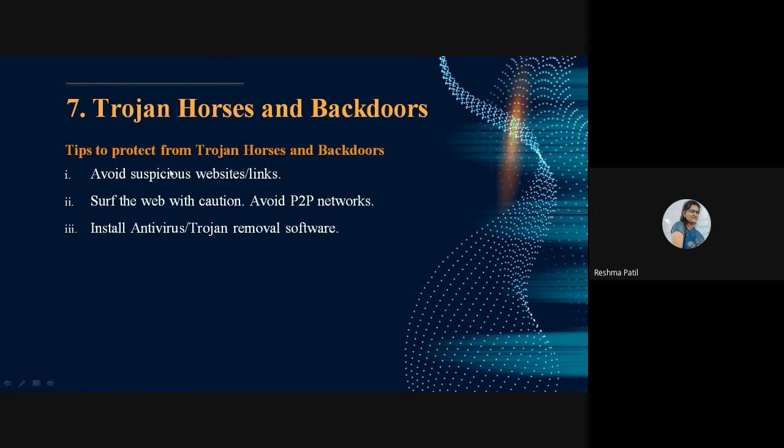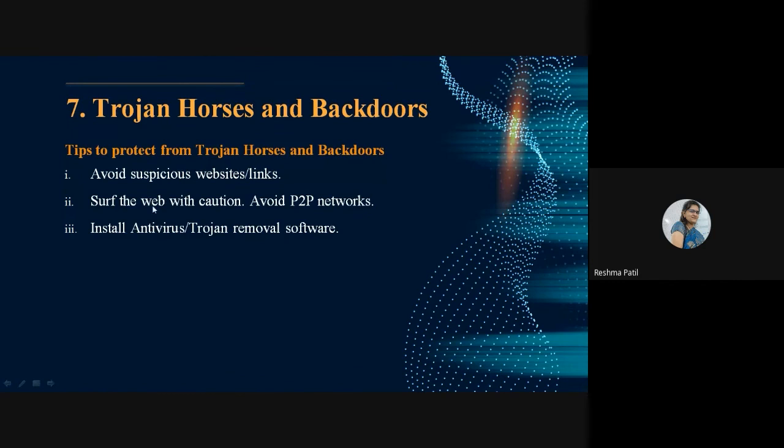Tips are given to protect from Trojan horses and backdoors. First, avoid suspicious website links. Because of them, Trojan horses can be downloaded into your system, or backdoors can be created there. Worms will be there, and worms are going to create these backdoors. So avoid suspicious websites or links. Then surf the web with caution.